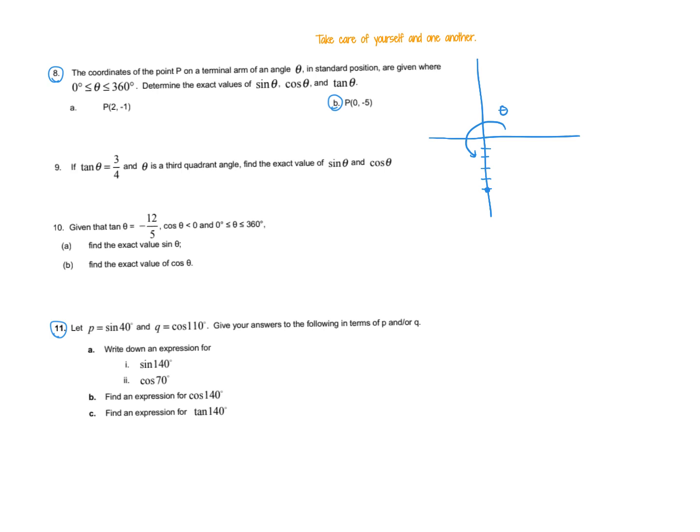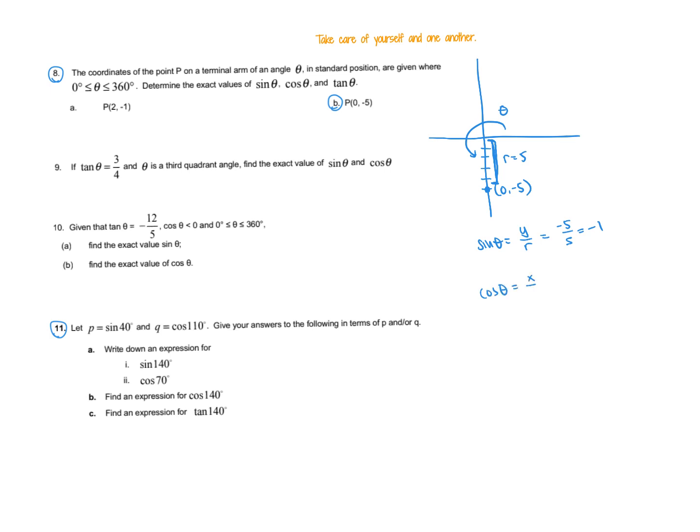All right, so we have this point right here, which is (0, -5), and if we want to know what the radius is, well, the radius would be this here, so the radius would be 5. Sine of theta, remember, is y over the radius, so -5 over 5, which is -1.